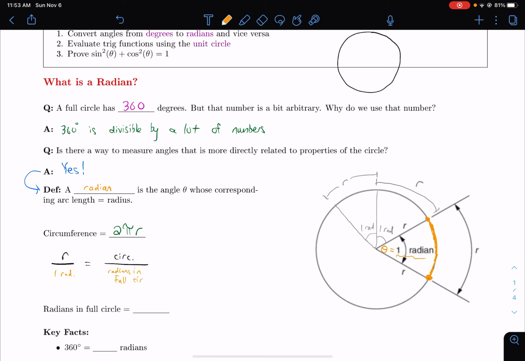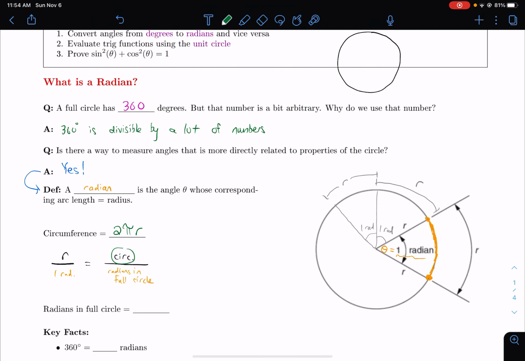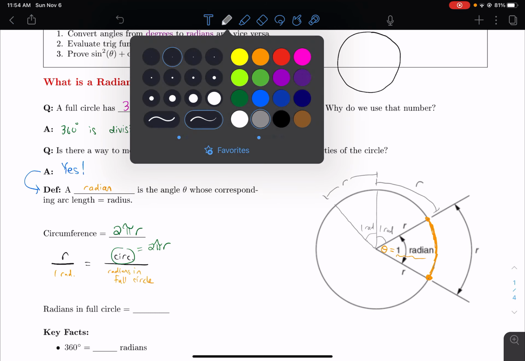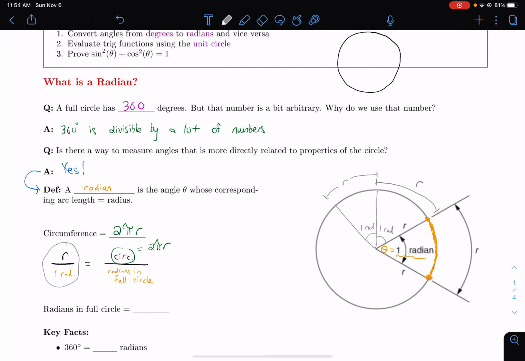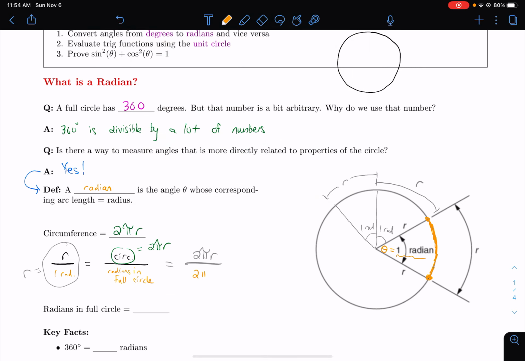The circumference is 2 pi r. The left-hand side, r over 1, is just r. And the right-hand side is 2 pi r over some mystery angle, but I need this fraction to simplify to r. So for that to happen, that denominator has got to be 2 pi radians.